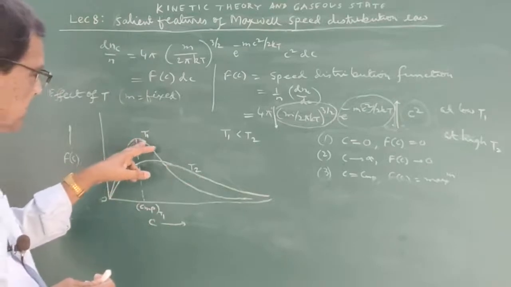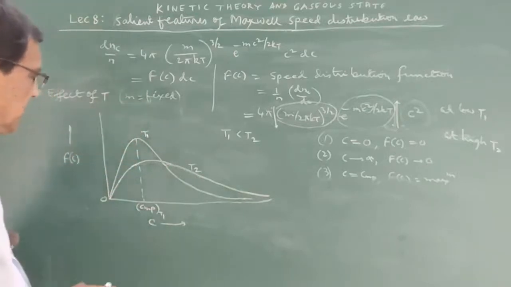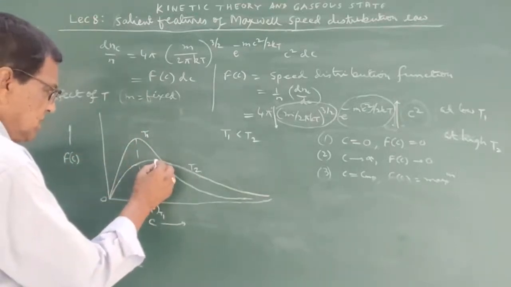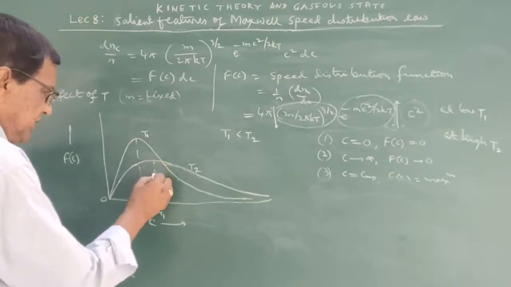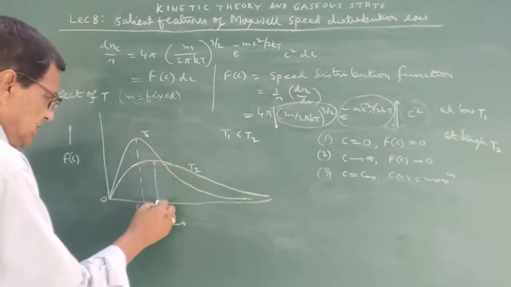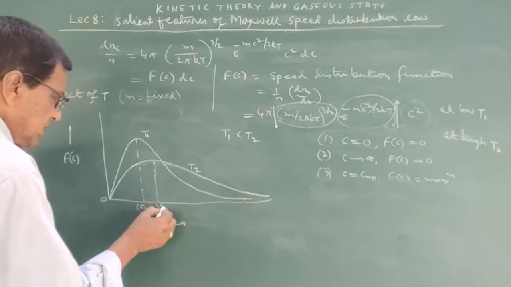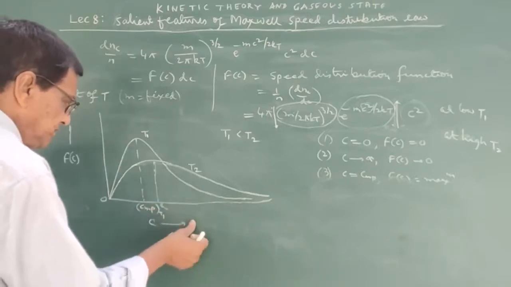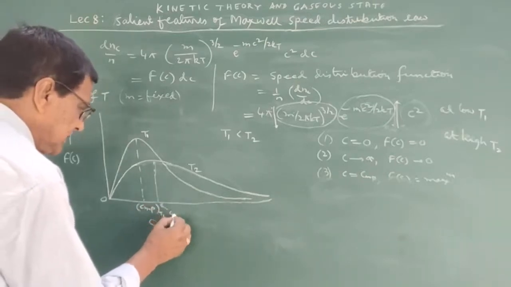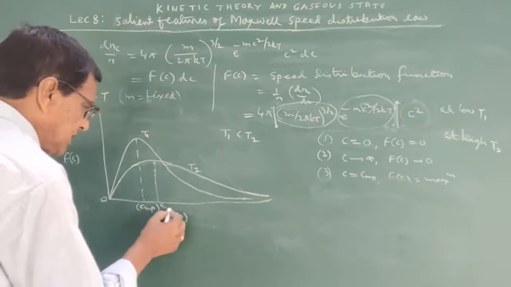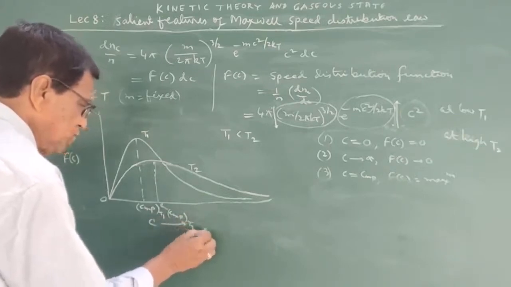At the lower temperature, this curve is narrow. So this one you can say is the CMP at this temperature T.